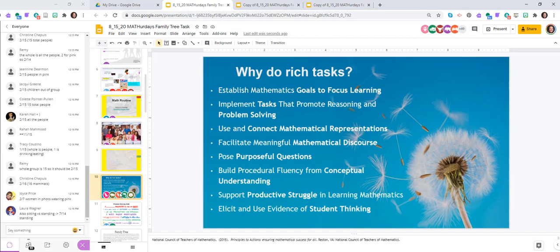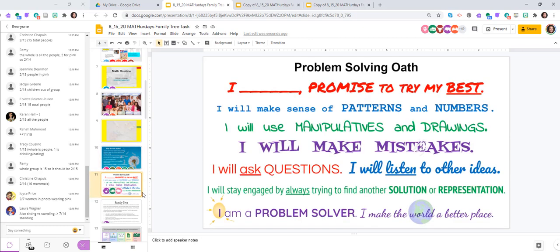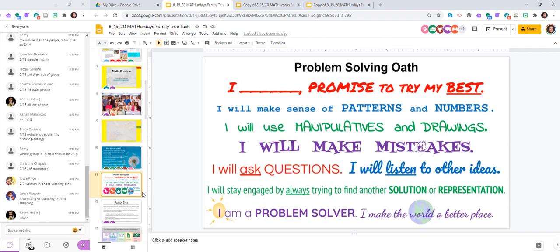Let's begin. On slide 11 is a problem-solving oath I offer up to all of you. If you pledge to follow this oath today, you can make that pledge by typing your name in the chat box. It says, I, Teresa, promise to try my best. I will make sense of patterns and numbers.